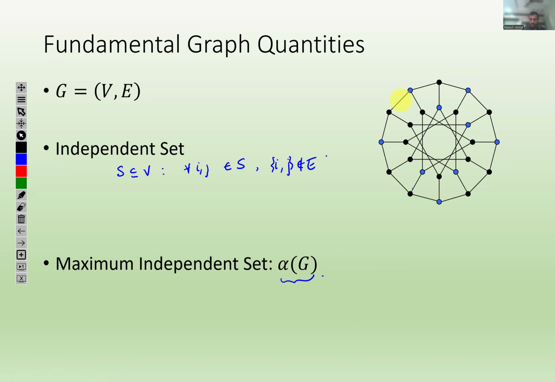So for instance, here's a graph. As your graph gets more complicated, you can figure out that finding the maximum independent set becomes more and more complicated. Can someone suggest a very brute force algorithm or brute force process to find the maximum independent set? What would be a trivial kind of way to go about finding, given a graph, the maximum independent set in it?